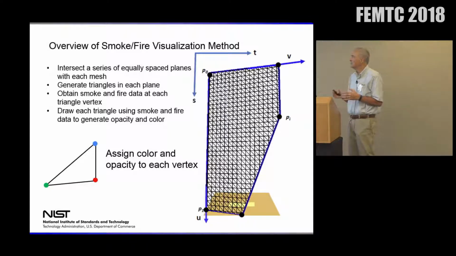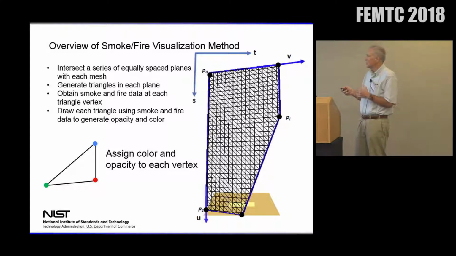This gives an overview of the algorithm. Basically, you're at a certain position, and you place a number of planes. I'm just showing one plane here, but you would place any number of planes depending upon the spacing that you specify. The default spacing would be the spacing of your FDS grid.